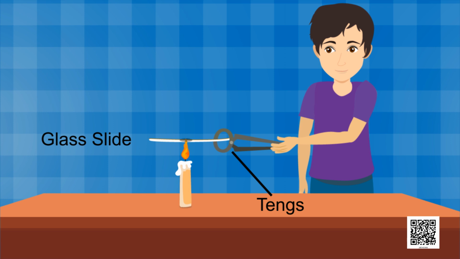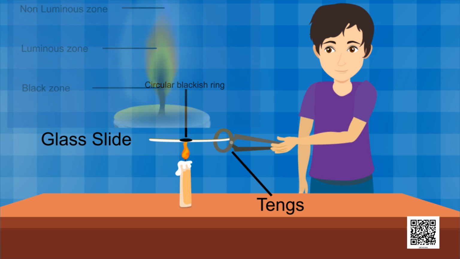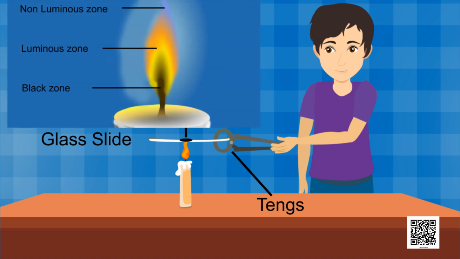You will observe a circular blackish ring is formed on the glass slide. It indicates the deposition of unburnt carbon particles present in the luminous zone of the flame. That is why this zone of the flame is also called the middle zone of partial combustion.